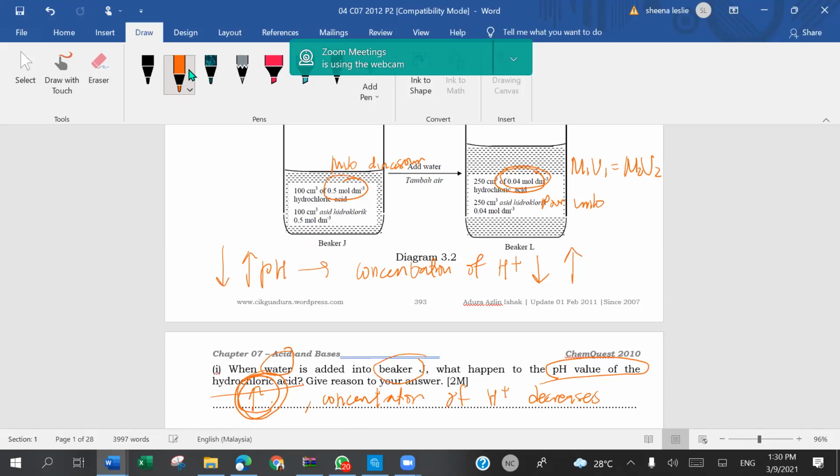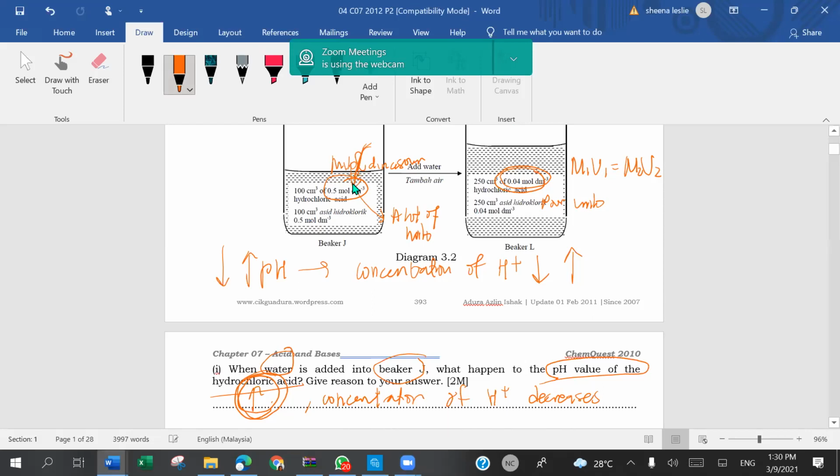Here I put a lot of Milo, that's why it became Milo dinosaur. Now, if teacher adds a lot of water, what will happen to the concentration of my Milo here, Naim? It will decrease.